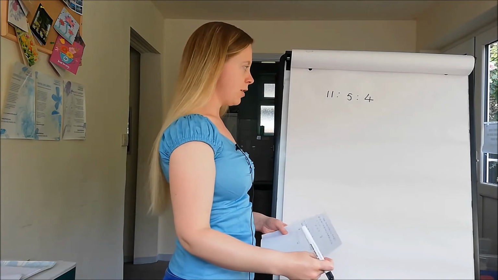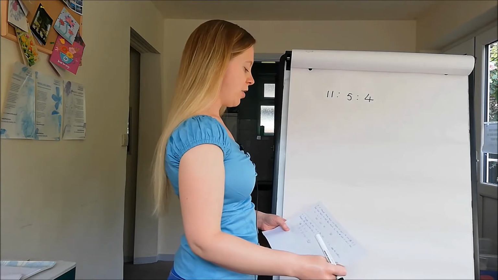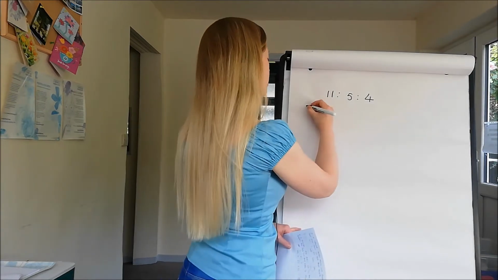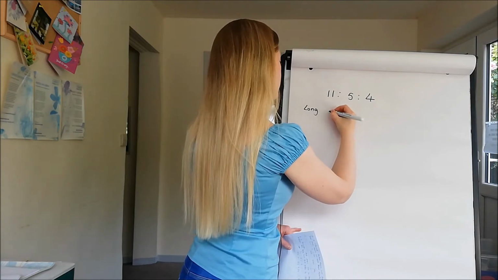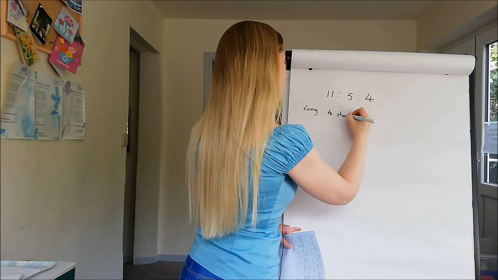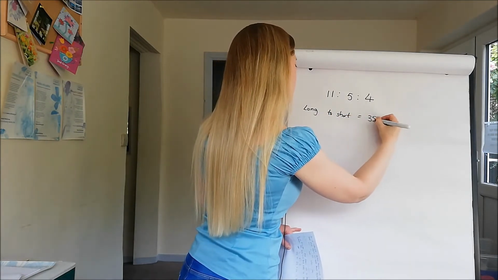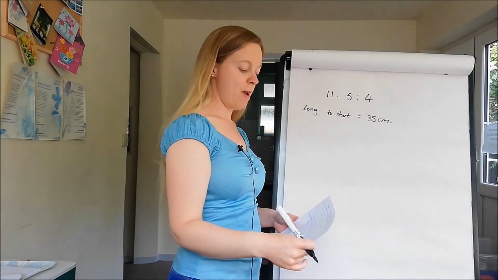The difference between the long and short sides is 35 centimetres. What is the perimeter?